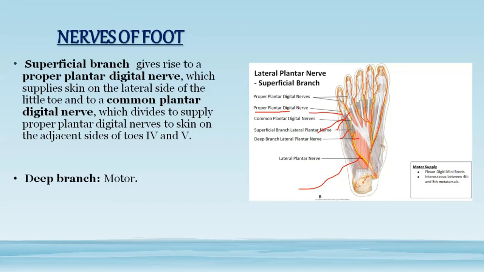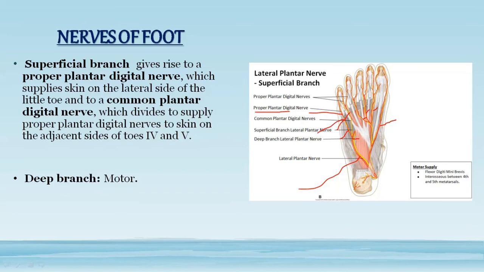The medial plantar nerve supplies the great toe, the first, second, third and the medial side of the fourth toe by two branches. The one is the proper plantar digital, which supplies the medial side of the great toe, and these three common plantar digital, which supply the adjacent sides of the first to fourth toe.